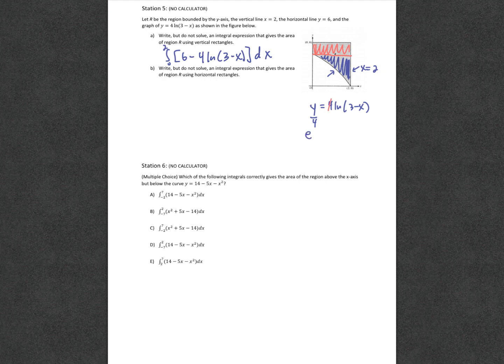And then we'll raise both sides to the e power like we did before, and then that cancels out the e and the ln. I'm going to kind of switch them also. So we'll write 3 minus x equals e to the y over 4.